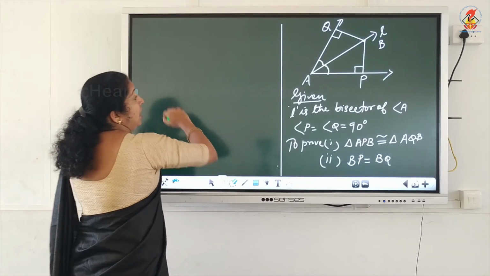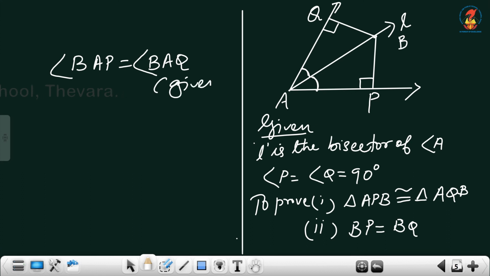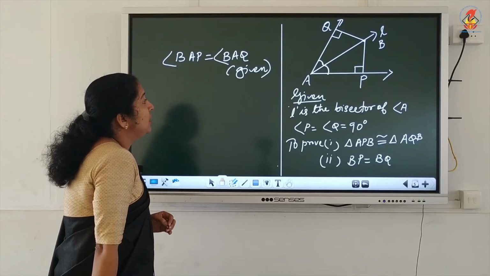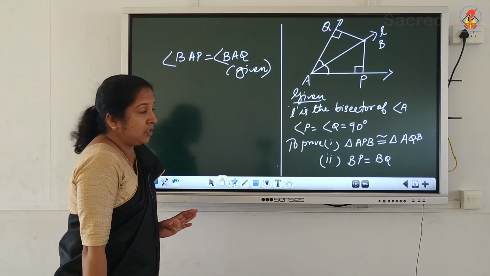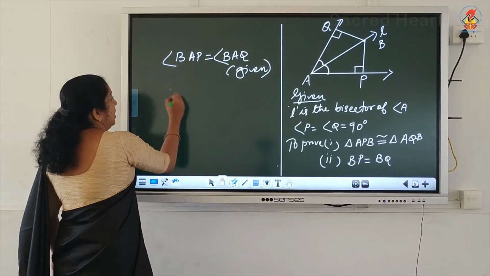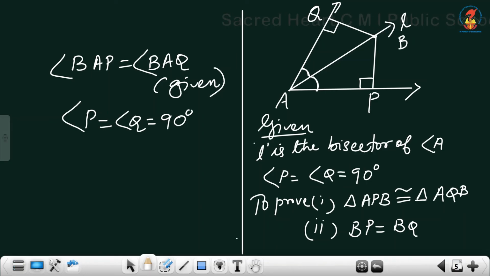So angle BAP is equal to angle BAQ, because it is given actually, because L is the bisector of angle A. So we got one angle. What else is given? Angle P is equal to angle Q is equal to 90 degrees. So we got two angles.